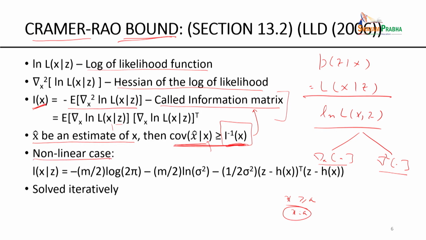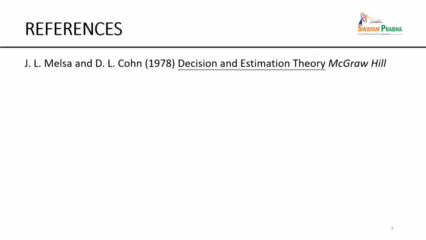In the nonlinear case, you can find this information matrix by these expressions, and we can use them to derive the lower bound on the estimates of the covariance. Again, this is a beautiful result that comes from the book by Meltzer and Cohen, Decision and Estimation Theory.